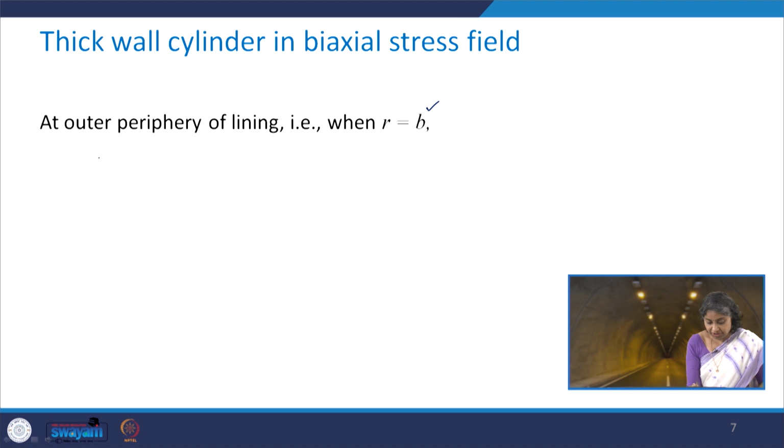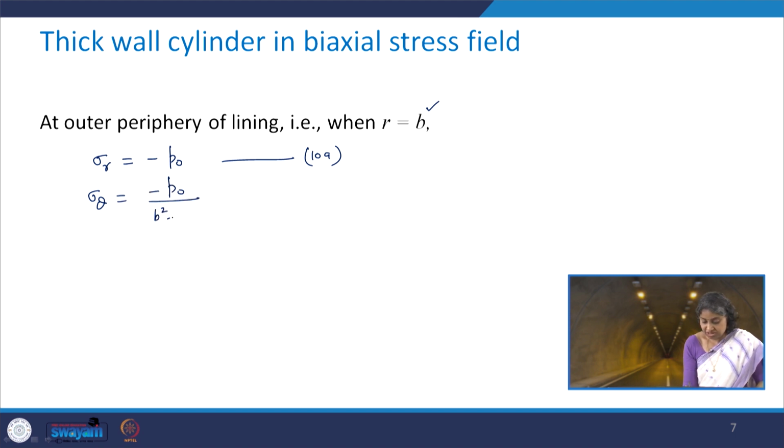So, I have this sigma r that will become equal to minus p naught, and sigma theta will be minus p naught upon b square minus a square, and then we have b square plus a square. Okay.